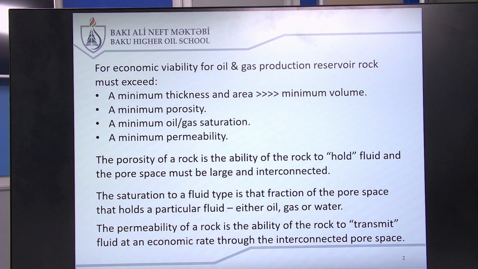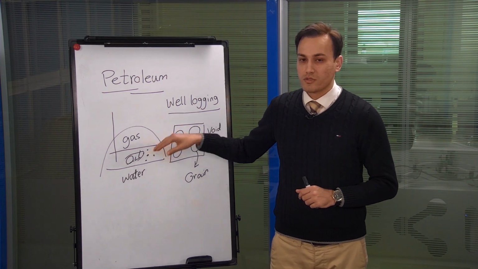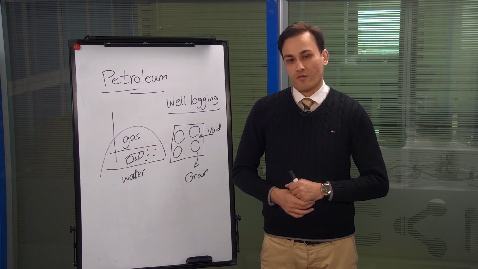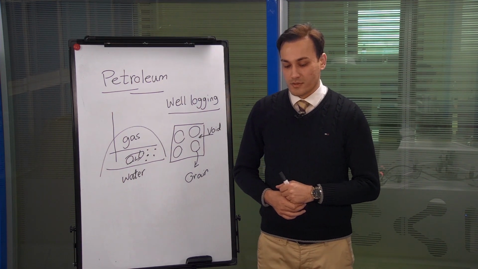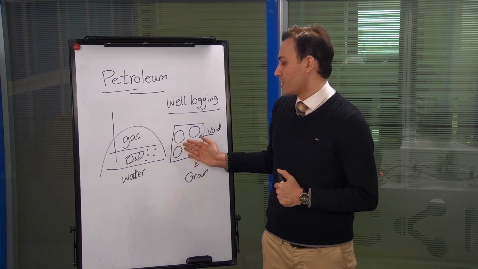So when we say, for example, gas saturation, it shows the volume of the gas within that void space. When we talk about oil saturation and water saturation, similar to this, it is just showing the specific volume for some specific phase.